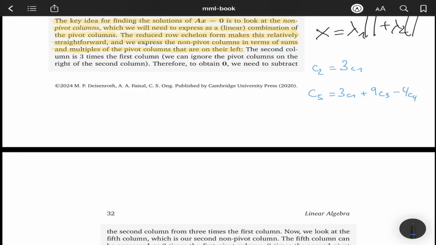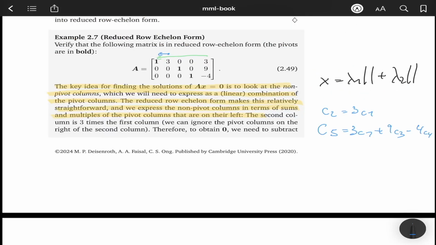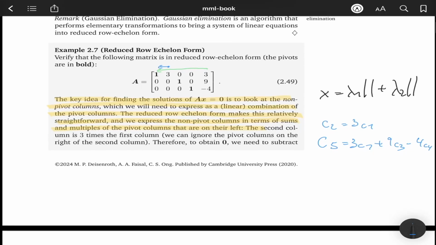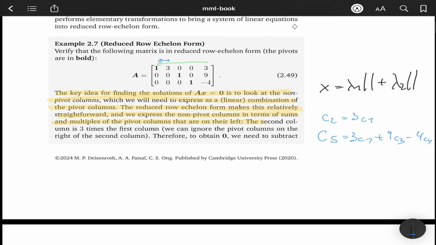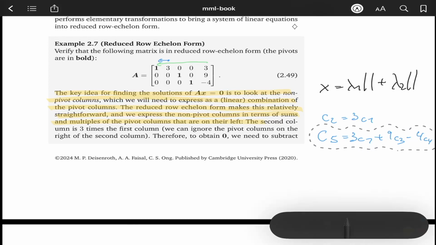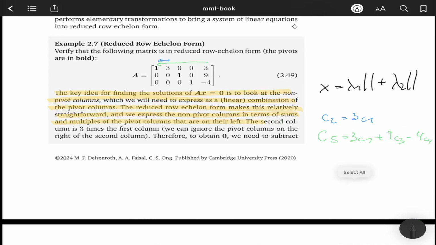Now, because we want to have them 0, I think, right? We are moving C2 and C5 to the right side. Okay, sorry, my device just shut down. So I just wrote the equation again. And what we were about to do is we have those 2 equations here. Let's change the color. Blue and green.